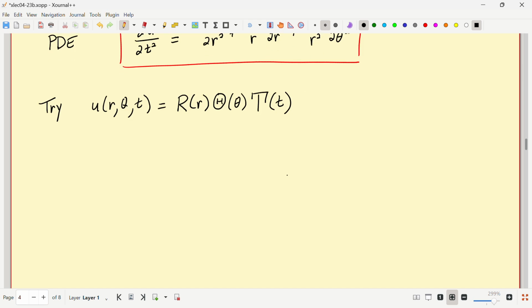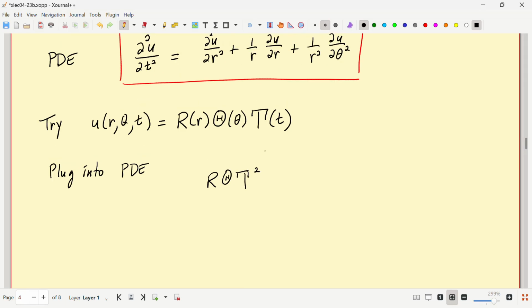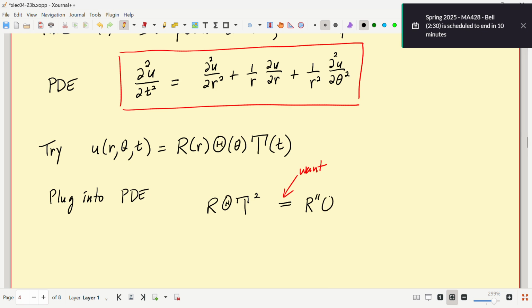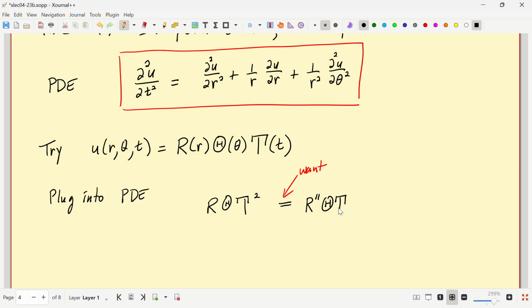Okay, now I plug it into the PDE. And I would get R Theta T double prime when I take this second derivative with respect to t. And I want that equal to R double prime Theta T. The r derivatives would pile onto the R function.